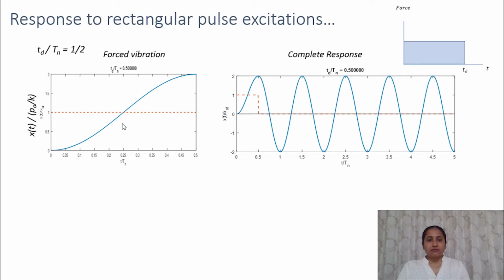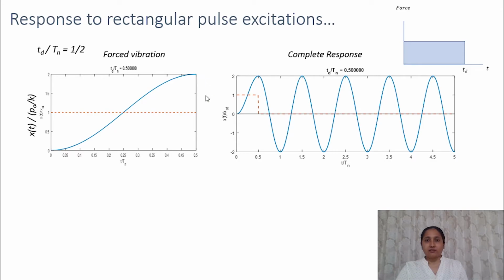So after td by tn equal to 0.25, this response is higher than the static response. As the duration of this force is increasing, the response is also increasing. At the end of the pulse, the normalized deformation becomes equal to 2. That means the dynamic response is twice that of the static response.